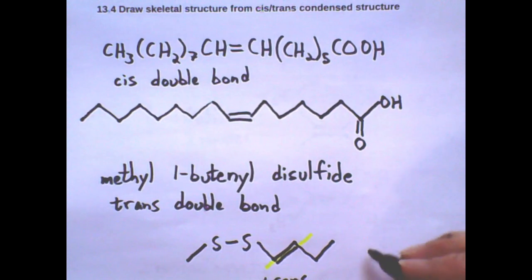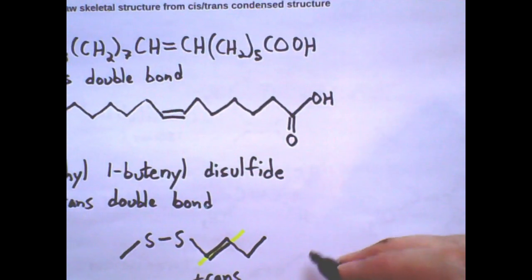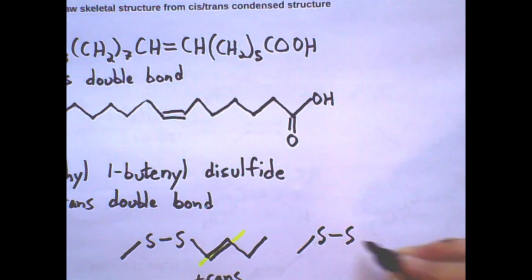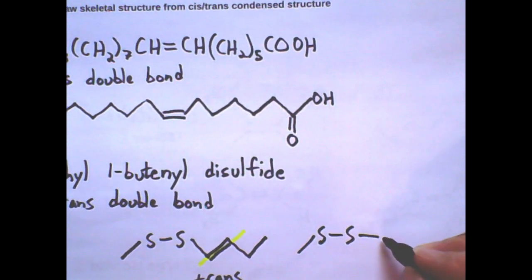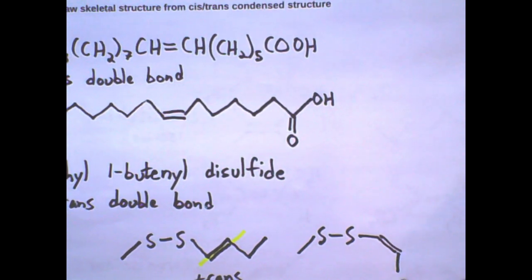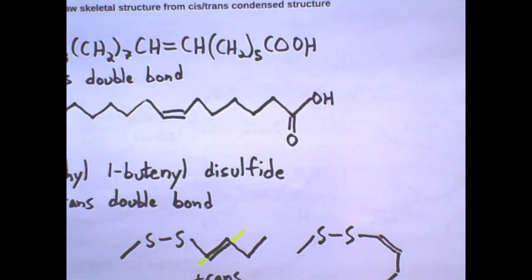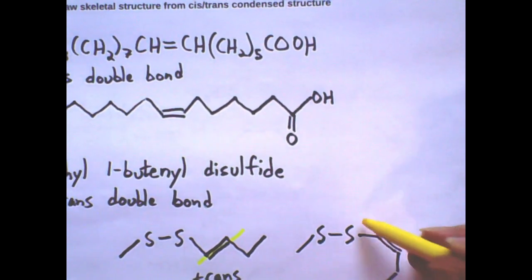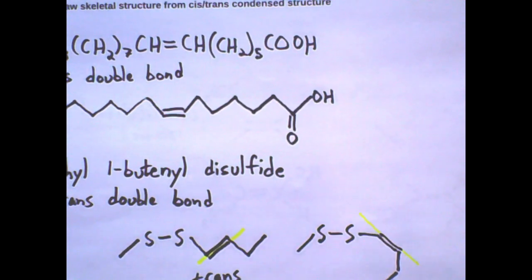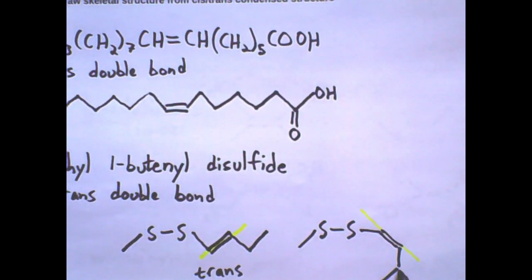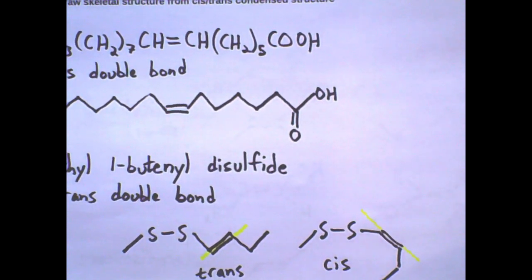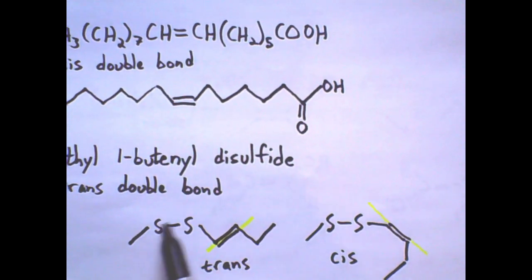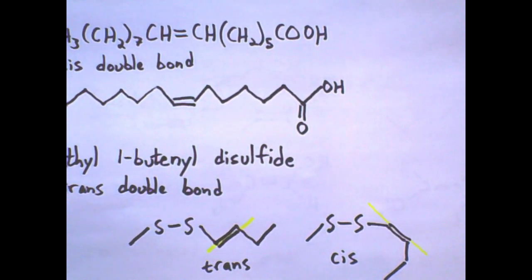If I had done something like this instead, then I would have seen that the S and this ethyl group were on the same side, and that would be cis. So this trans one is the one I would take and enter in on my online drawing tool.